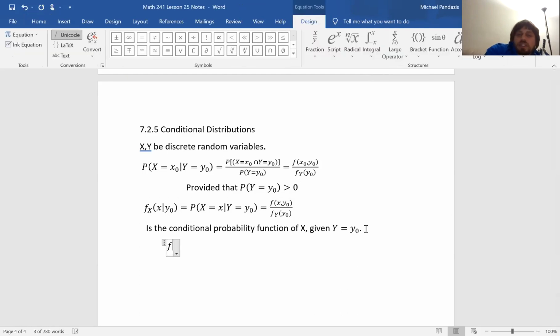Okay, so this is the probability x is equal to some value given that y is equal to some value. Excuse me. F sub x given y is equal to f of x comma y over f sub y.